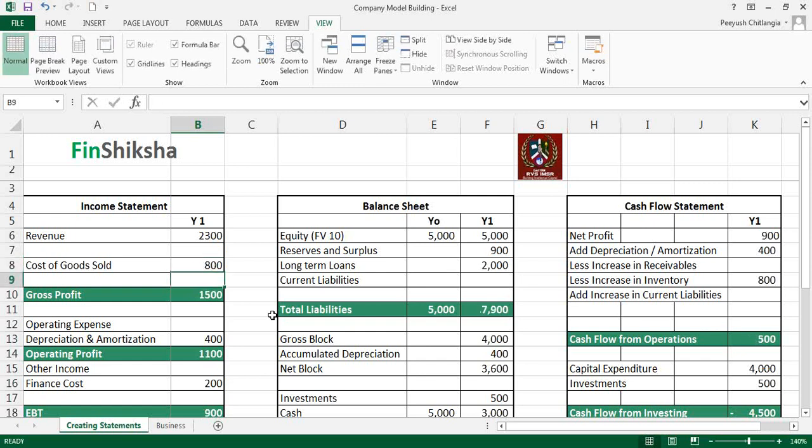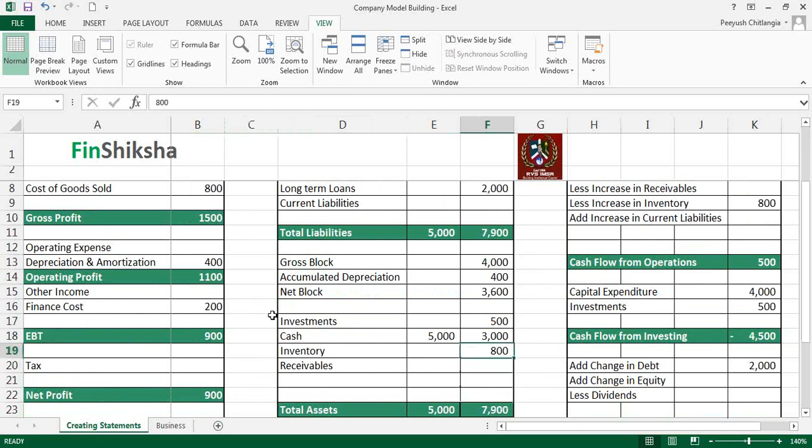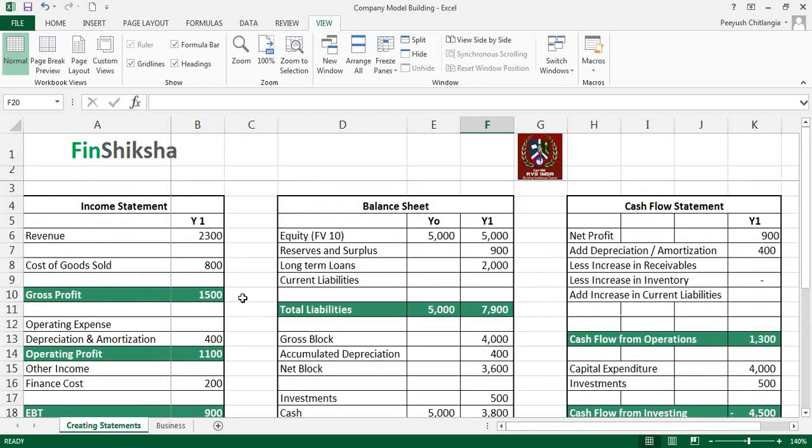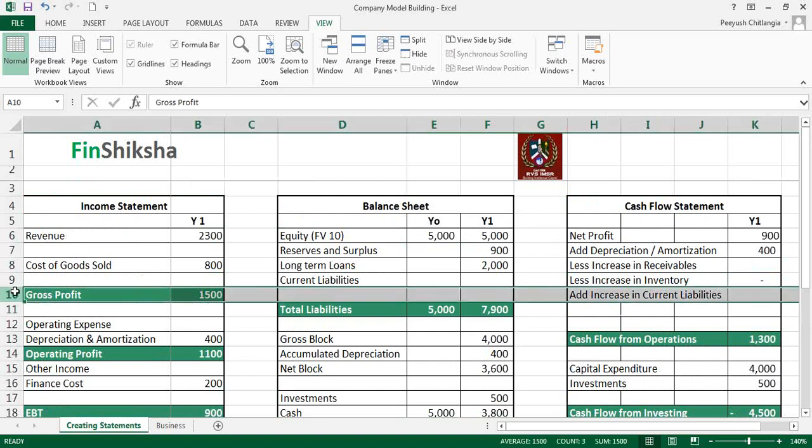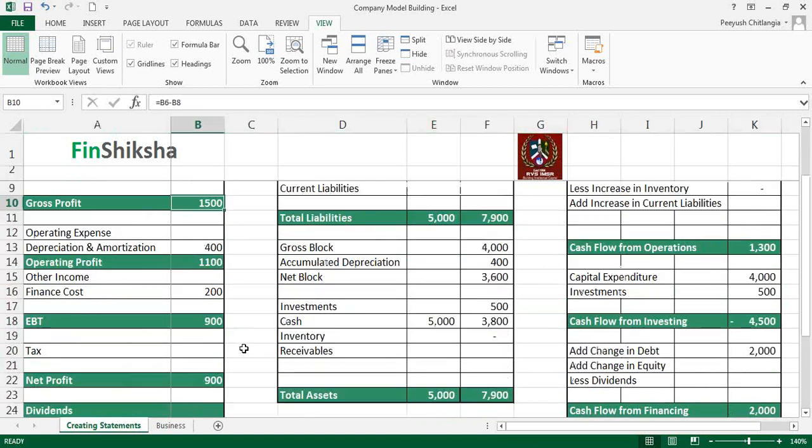That gives you a gross profit of 1500 crore, right? So two things happen. One, you put in these numbers. The second thing that happens is you've used up the inventory. There's no longer any inventory there. So inventory becomes zero. So there are two things that happen there. You use up the inventory and then you sell it for 2300 crore. So you end up making a gross profit of 1500 crore.